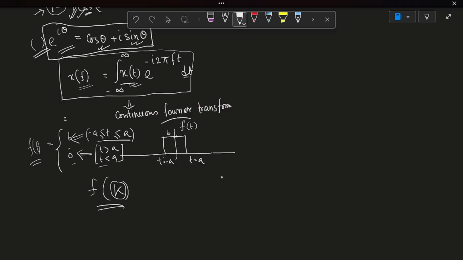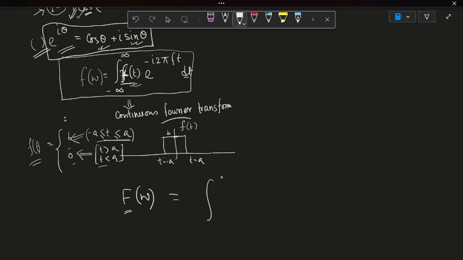Now what will be the Fourier transform of this f of t? Let me call it f of omega. I'm writing capital F here because this will be a different kind of function. So how will you write it?